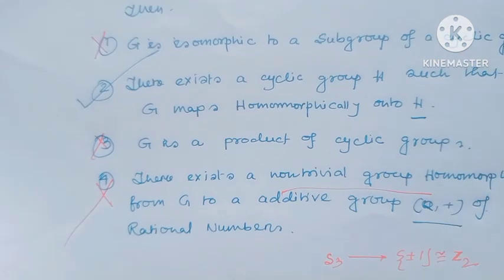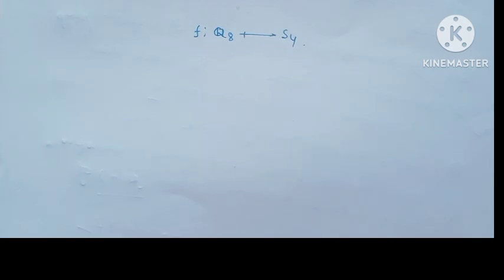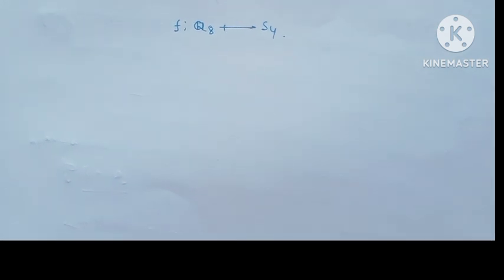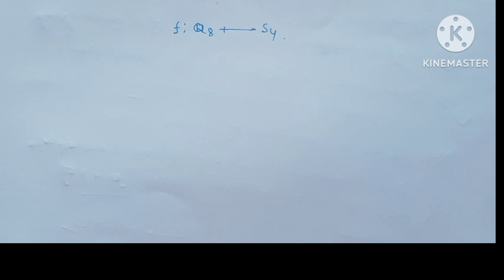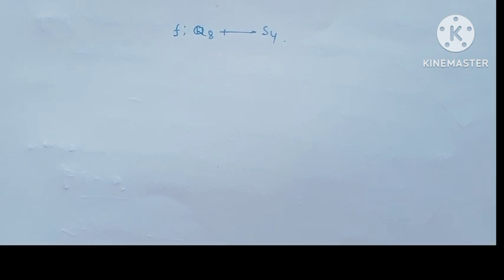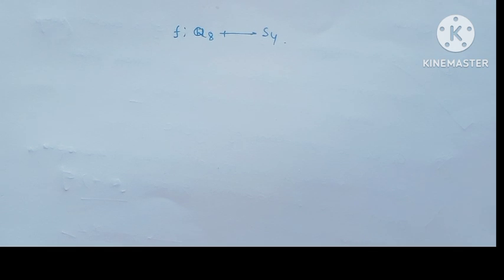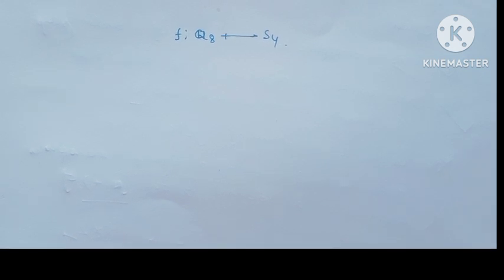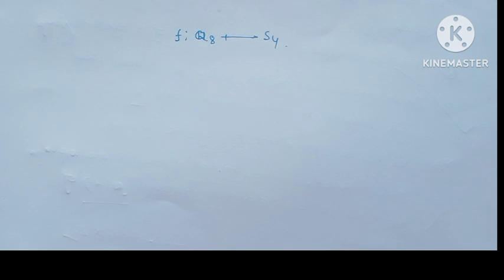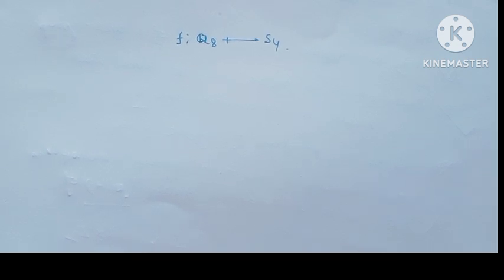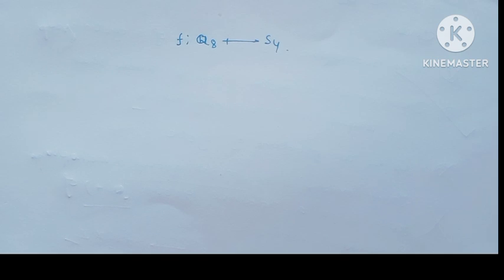Okay. Now, say the number of homomorphisms from Q8 to S4. A few minutes ago I counted the number of homomorphisms from Z4 to S4. Now I will count the number of homomorphisms from Q8 to S4. I hope all my viewers can easily solve this question, because a few minutes ago I solved this type of question. We all know every subgroup of Q8 is normal.